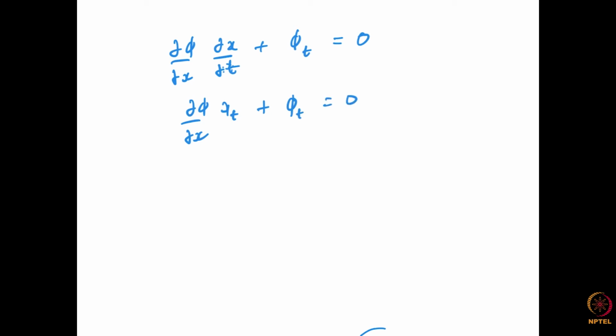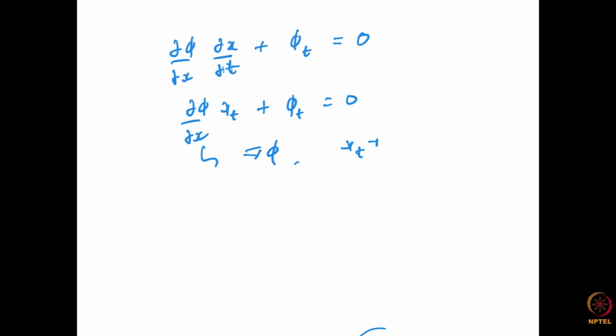Now this is nothing but the gradient of phi. And x t is just a speed, right? The speed at which x moves, but we know that this speed is always going to be along the normal to the surface or normal to the contour.